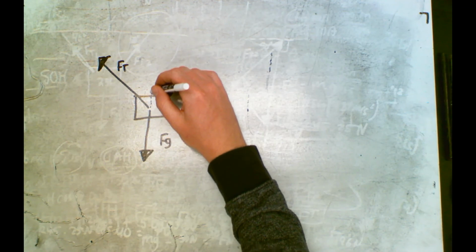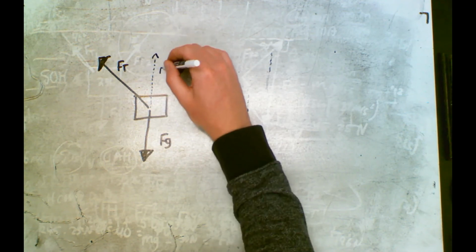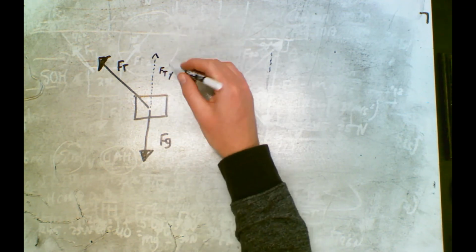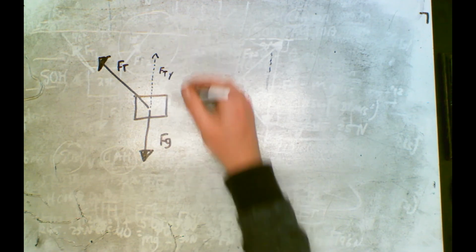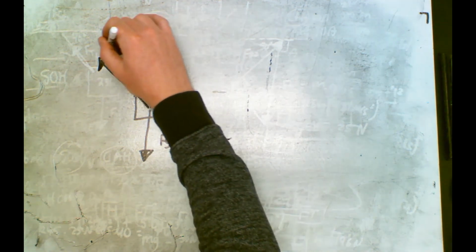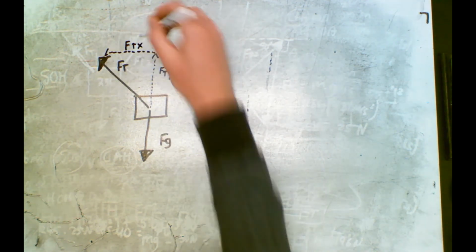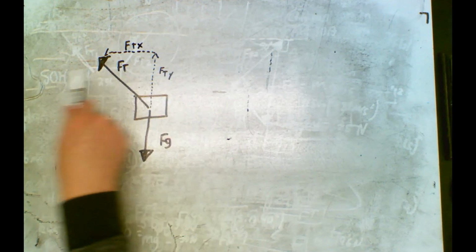But that's not correct, because what we want is a net force of 0 for any sign. So we have a force of tension in the y, and yeah, my force of tension in the y could cancel out with my force of gravity. But we also have a force of tension in the x. So nothing cancels that out, so that means my sign is going to accelerate to the left there.